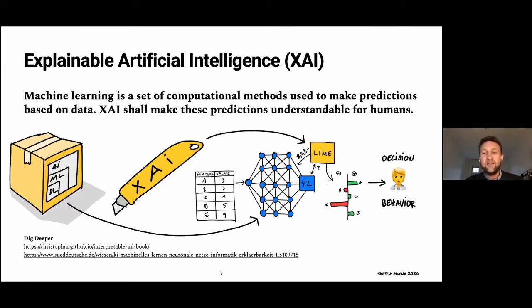So in that sense, ML systems are often black boxes, which is kind of unfortunate if you have to explain their behavior. This is where Explainable Artificial Intelligence, or XAI, comes into play. I'd like to think of XAI as a tool to open the black box. It shall provide explanations for machine behavior. Sadly, it is another very complex piece of technology used to explain already complex pieces of technology.